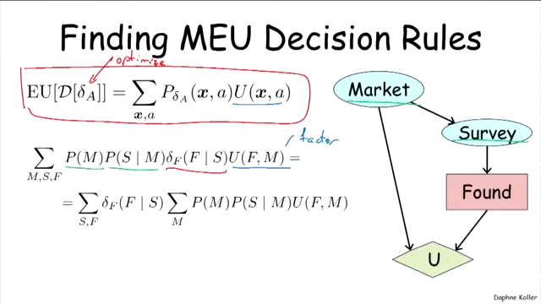Specifically, since we're trying to optimize over this expression, the delta F of F given S, we're going to push in everything that we don't currently need to manipulate, which is just F and S, which are the two things that appear in the factor of the decision rule.